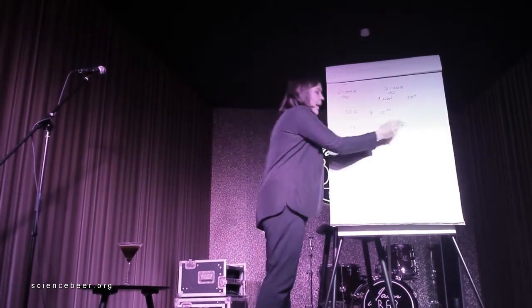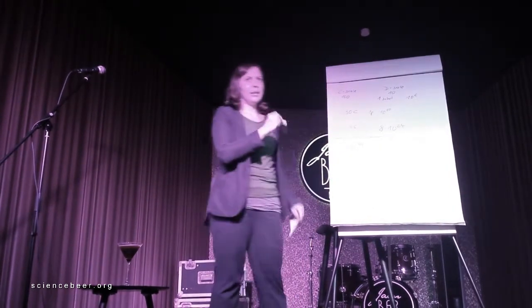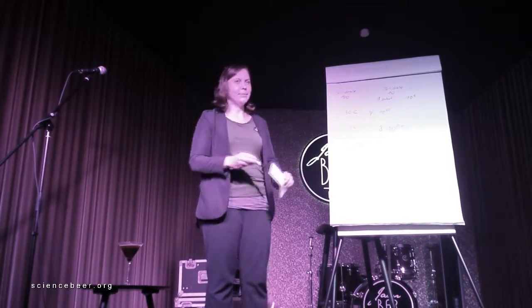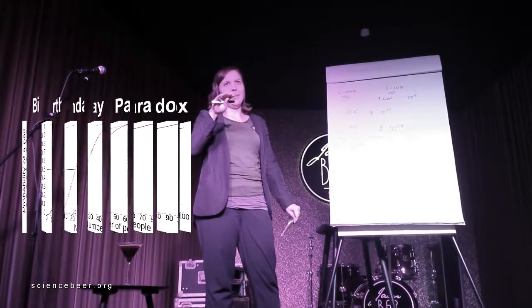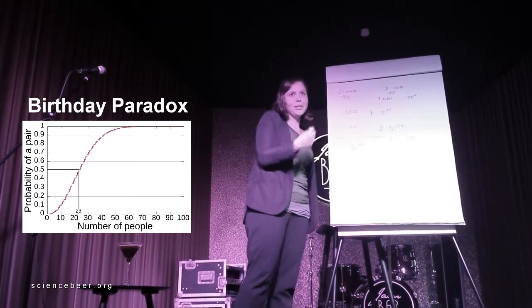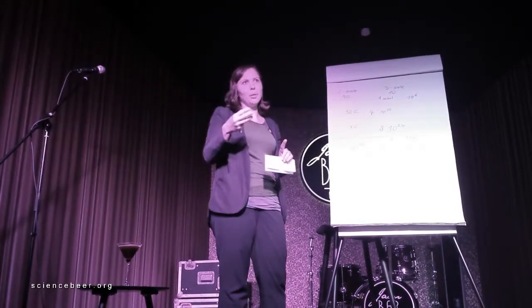But since you're drinking again and again, and you put it back and it gets mixed again, the probability is almost 1 that you will get at least one molecule that's already been through you, so that you drink one molecule twice.